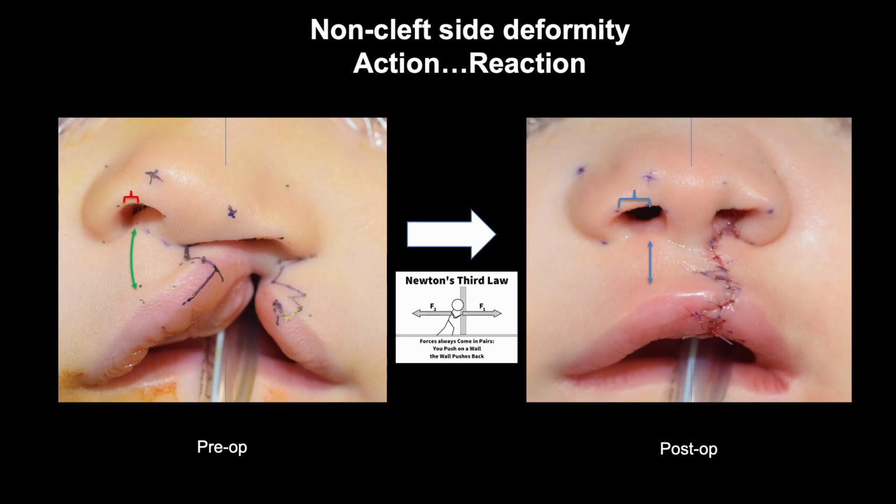So if the non-cleft side is deformed, does it change through surgery? And kind of like Newton's third law, does an action result in a reaction? If you look at these photos of the same child before and after surgery, you can see that the non-cleft filtral height shortens, the non-cleft nostril sill widens, and the heminasal tip on the non-cleft side softens.